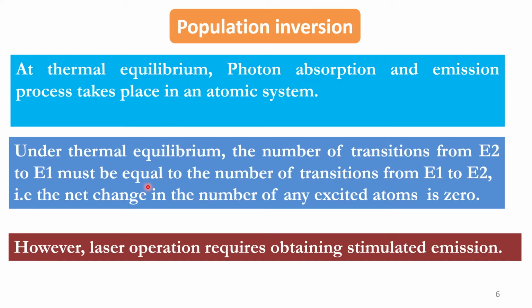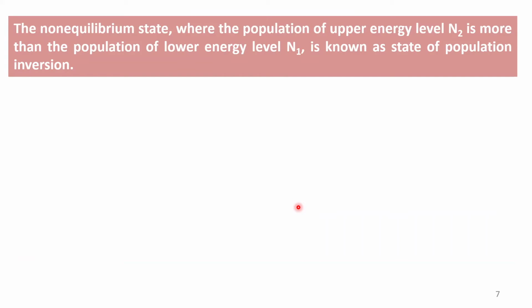That is, the net change in the number of excited atoms is zero. However, laser operation requires obtaining stimulated emission. So for obtaining the stimulated emission, there is a need for population inversion.